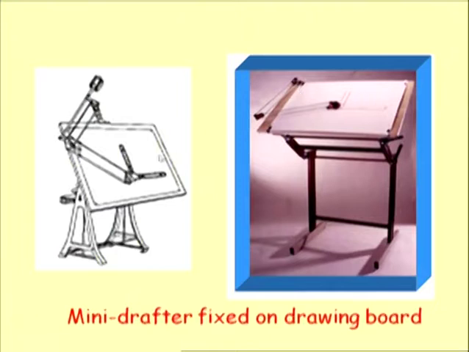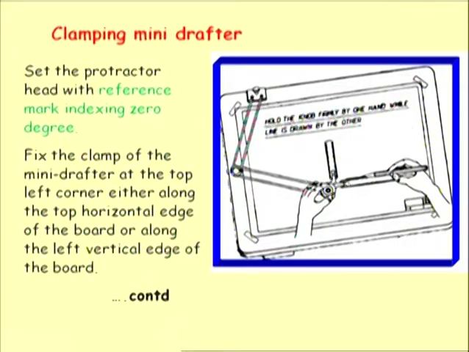This shows a drawing board with the drafter fixed. This is how we can set the drafter, and beneath the drafter we fix the drawing sheet, where we can draw the lines, the plan, section and elevations of buildings.